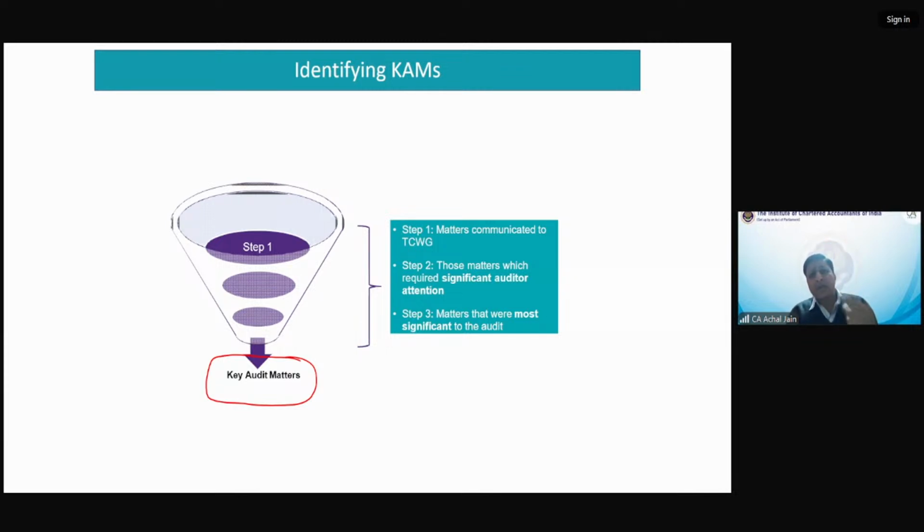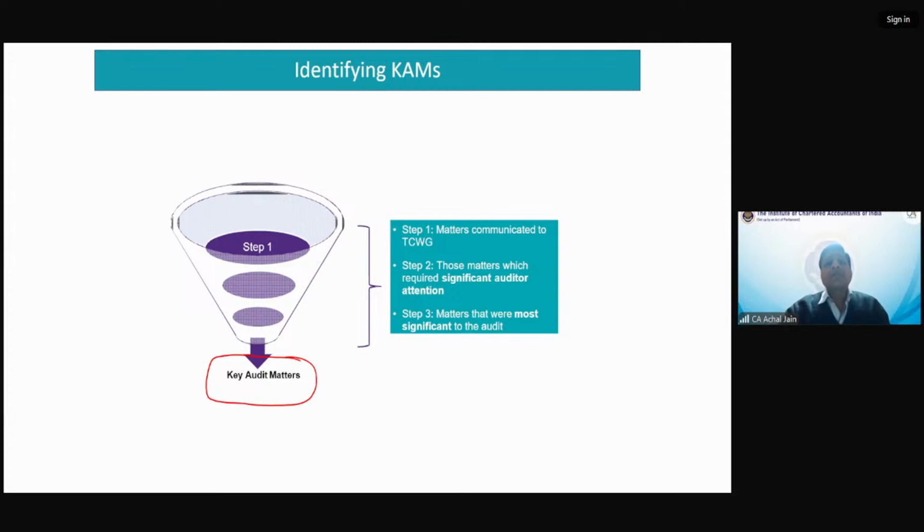I'm just talking about the challenges. At times there could be a lot of accounting matters which are quite complex, which need to be handled by the auditor. There could be various areas over which significant judgment is required. Of course, the auditor will think through and do the analysis.